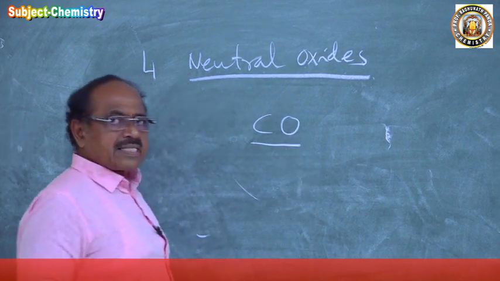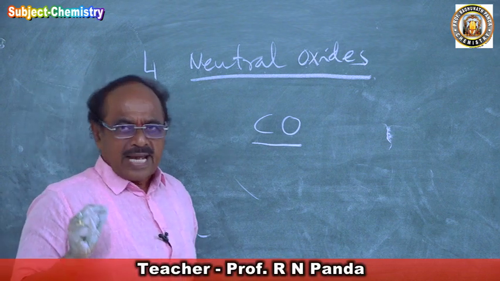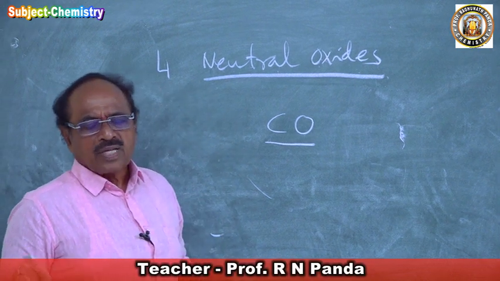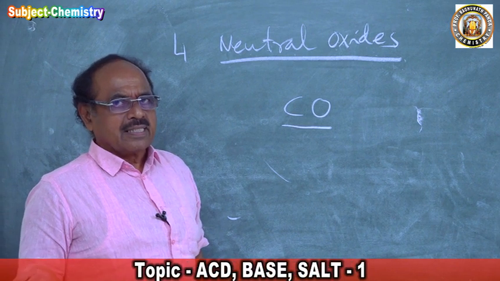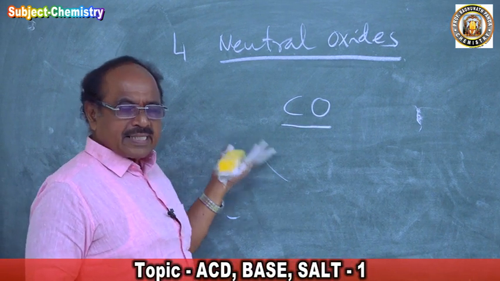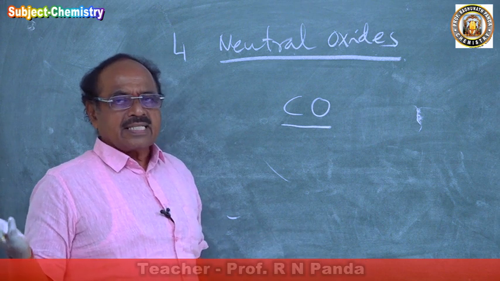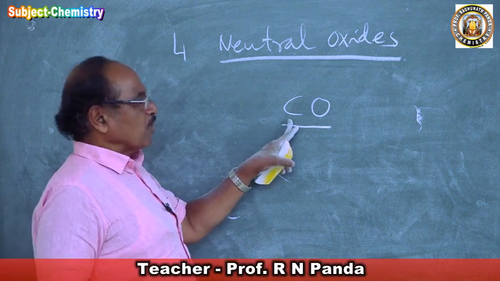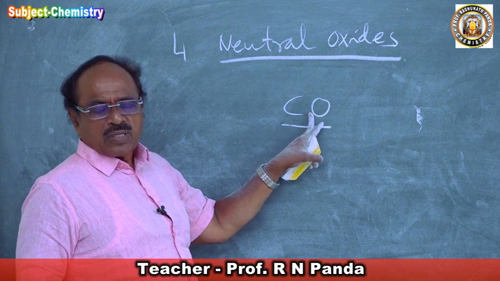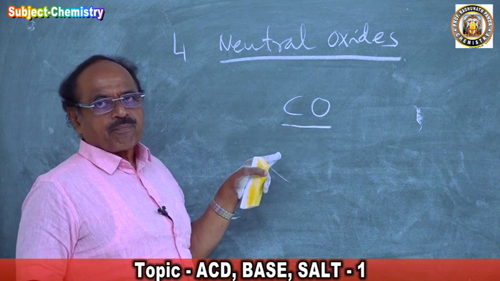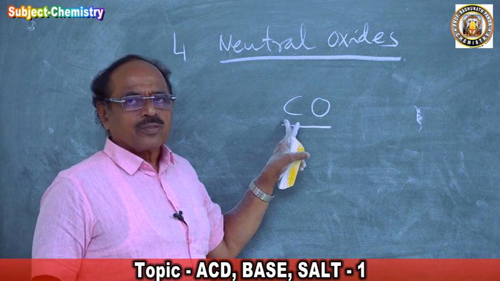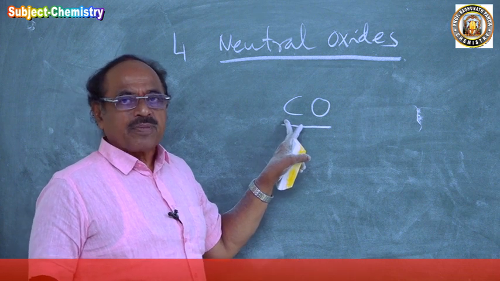Carbon dioxide is acidic. Carbon dioxide reacts with water to form carbonic acid. So carbon dioxide is an acidic oxide. But carbon monoxide, CO, is a neutral oxide, because it does not react with acid, and does not react with base.